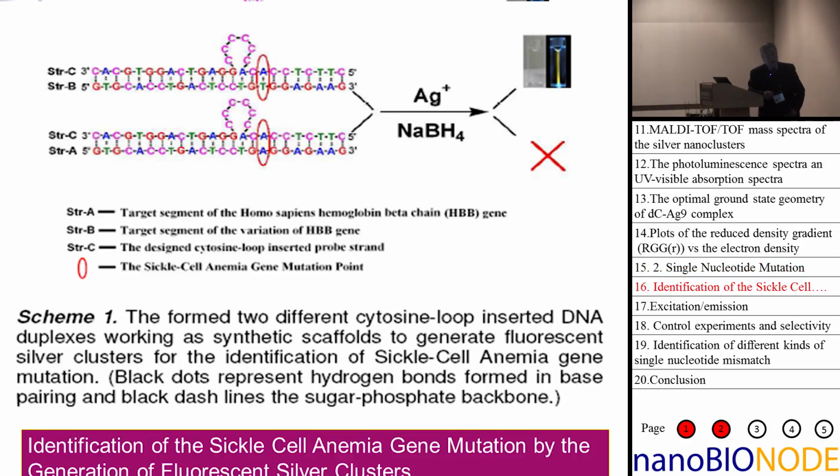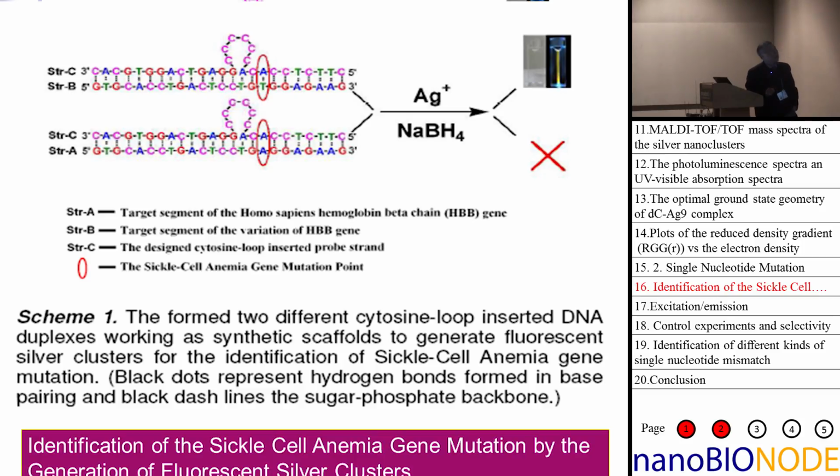Professor Dixon from Georgia Tech and colleagues used single-strand DNA to prepare the silver nanocluster many years ago. So now we thought, why can we not use the double strand for the preparation? Therefore, we developed the technique with the double strand as the scaffold to prepare the silver nanocluster.